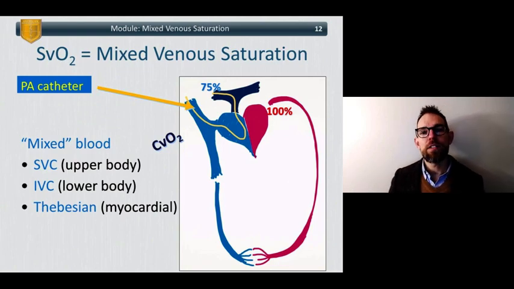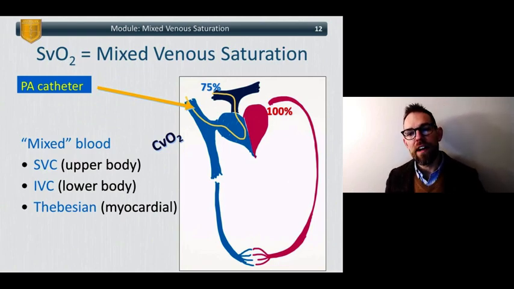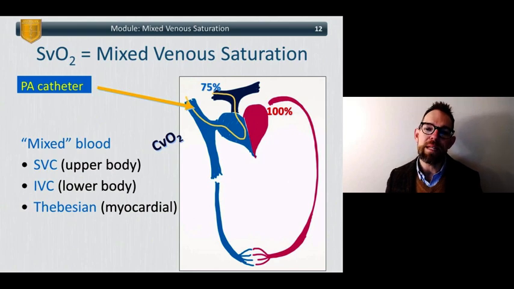So SVO2 equals our mixed venous saturation, and technically it needs to be assessed by a PA catheter. So on average, as we talked about earlier, the average mixed venous saturation is 75%. That's what we look for. The typical arterial concentration is, of course, 100%.